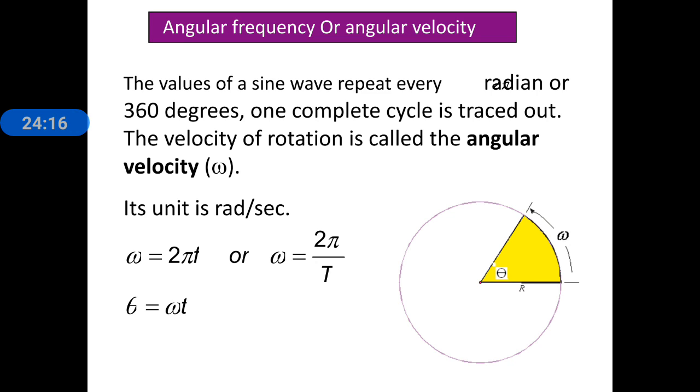Theta means the rotating angle. Rotating angle equals the velocity into the time taken. Omega into t gives how much angle is obtained. We can calculate it very easily. Theta equals angular velocity into the time taken to reach that position.